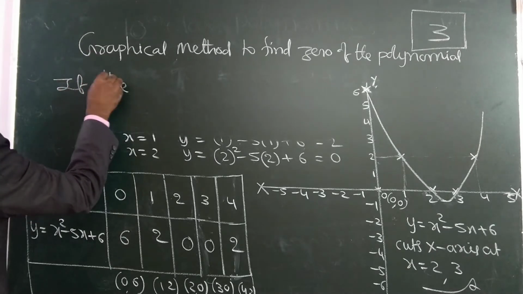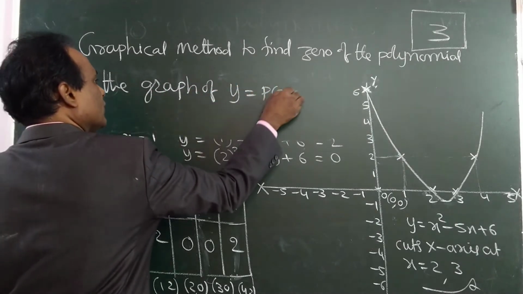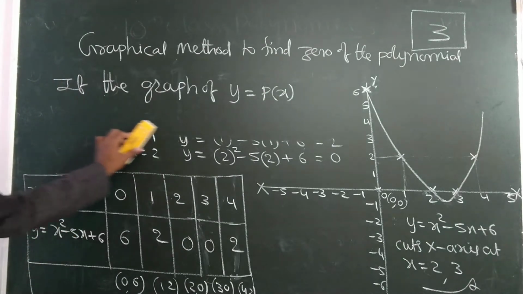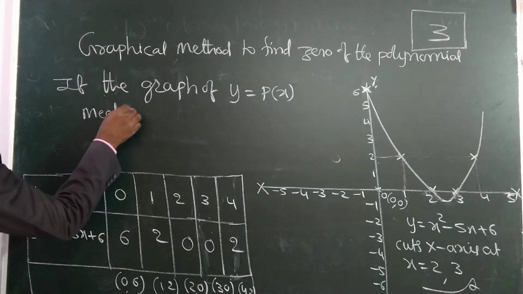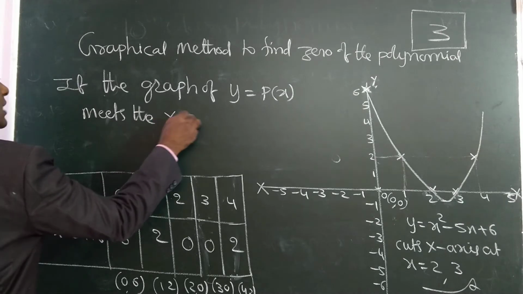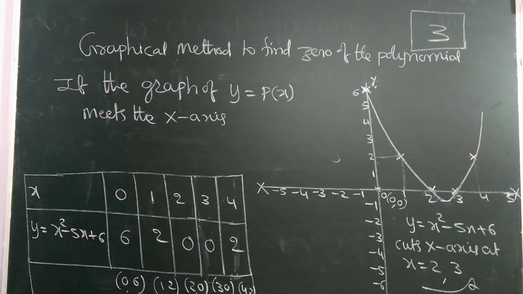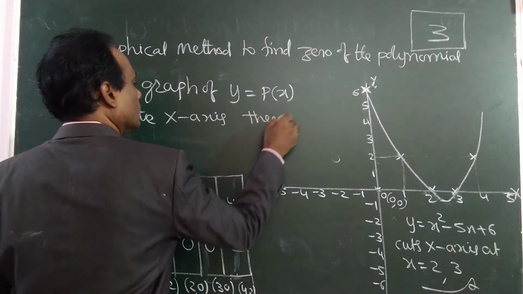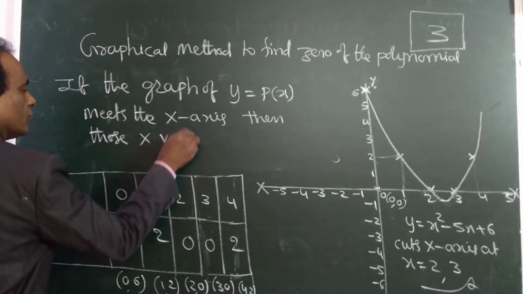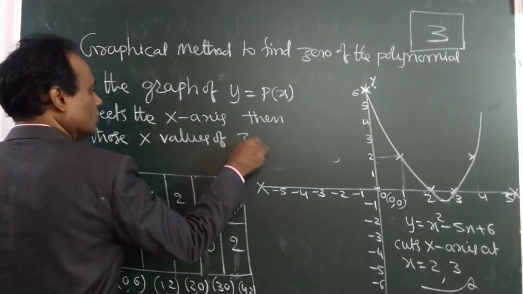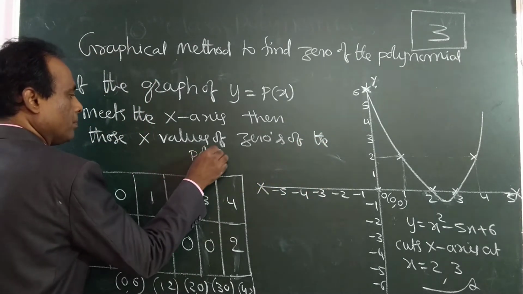If the graph of y is equal to p of x meets the x-axis, then those x values are zeros of the polynomial p of x.